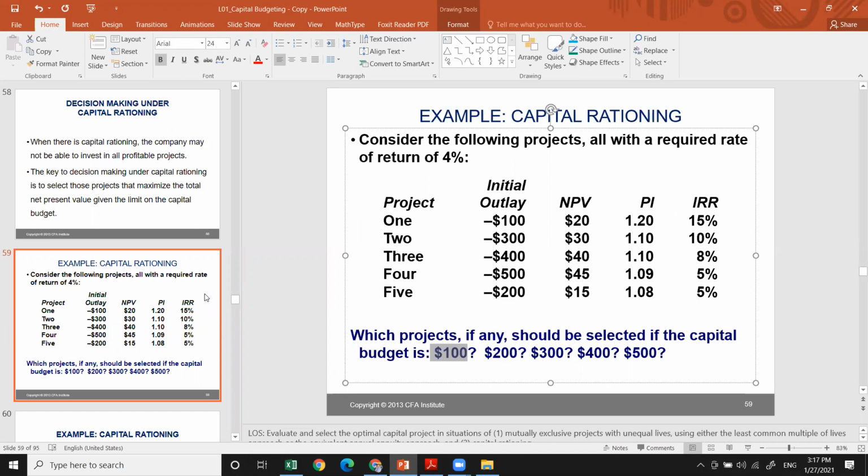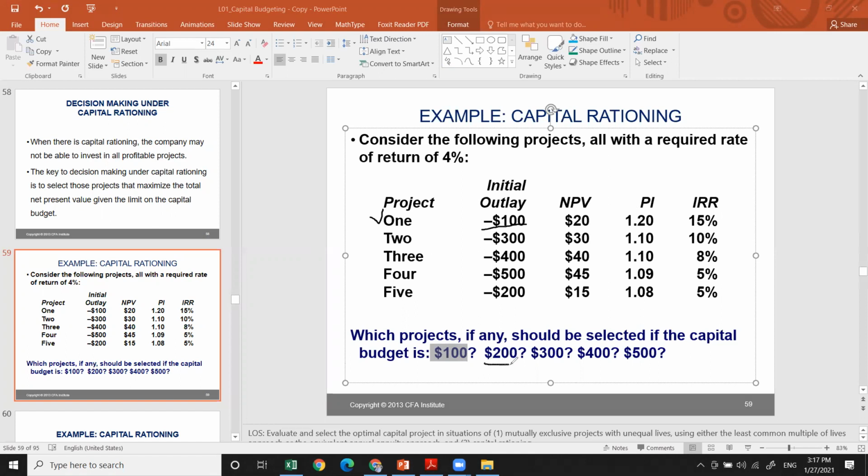Which project? First. Why? Because our budget is limited to 100 million. You cannot spend more than you have, less than you have, okay?